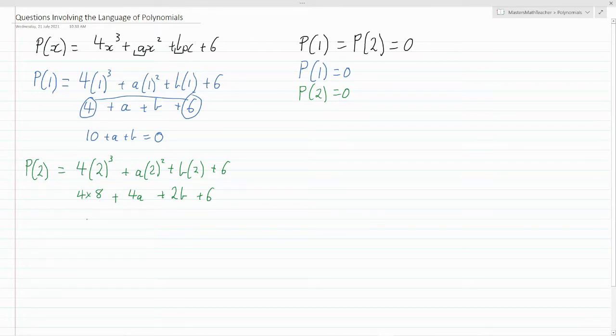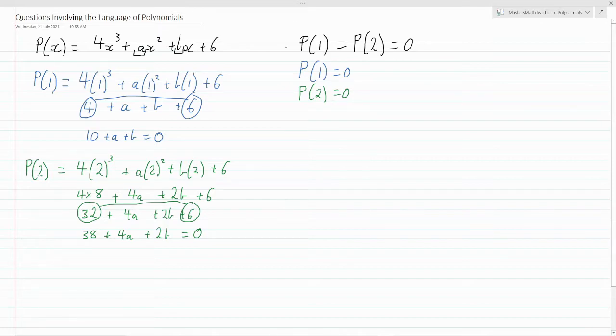Then 4 times 8, we've got 32, plus 4a, plus 2b, plus 6. And again, let's just group the like terms here so that we have a little bit more of a nice equation. So we've got 38 plus 4a plus 2b, and of course this also equals 0 based on our information here.